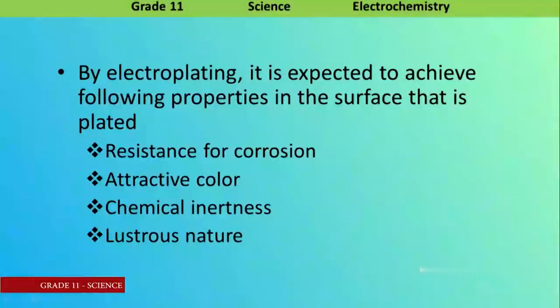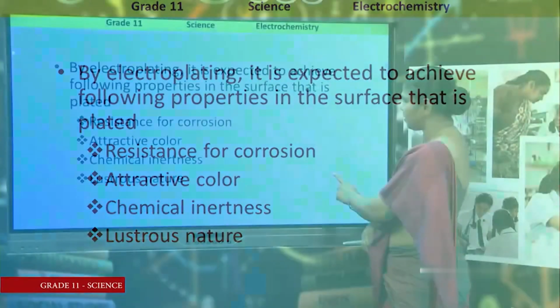By electroplating, it is expected to achieve flowing properties in the surface that is plated. The surface is resistant to corrosion and has an attractive color. Chemical inertness, that means the surface doesn't react with chemicals. And lustrous nature, which means shiny, a shiny surface can be achieved.